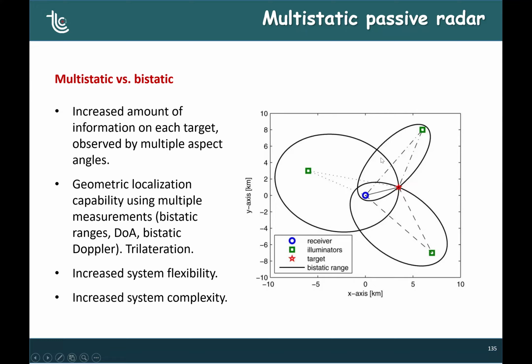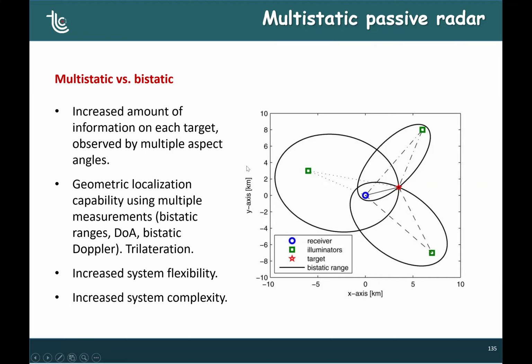But these three ellipses have only one common intersection, here the red star, and it means that the target they are trying to detect is at the intersection. So in this way, the three systems can detect the range position, the Doppler position, and also the angular position.